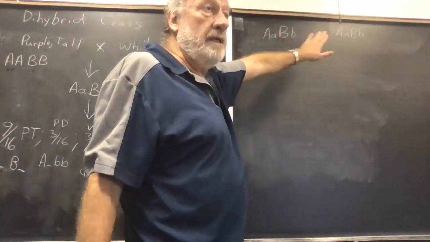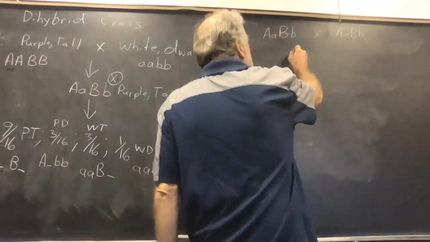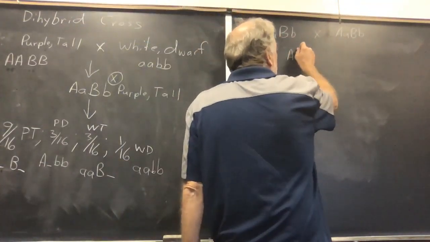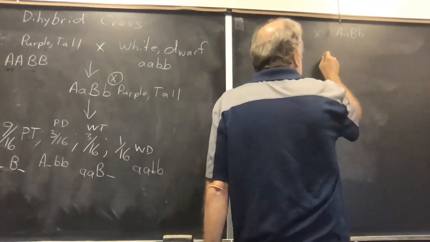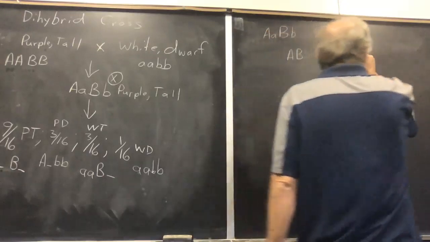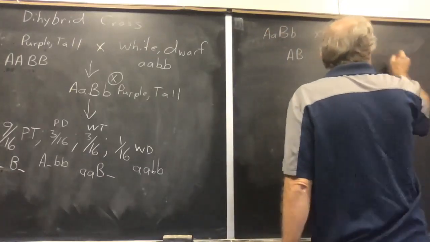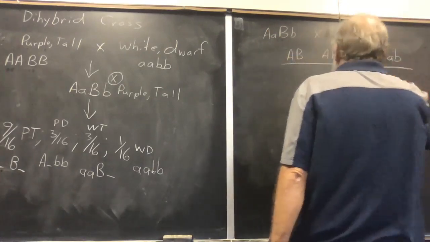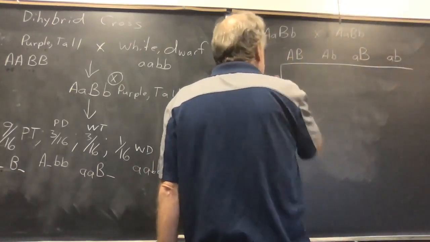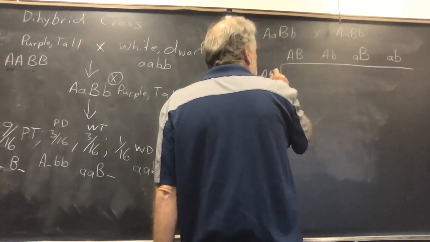And there'll be 4 gamete classes for each. So remember, each gamete's got to have one A and one B. So about a quarter of them will be big A, big B, a quarter big A, little b, a quarter little a, big B, and a quarter little a, little b. And the same down the sides there.